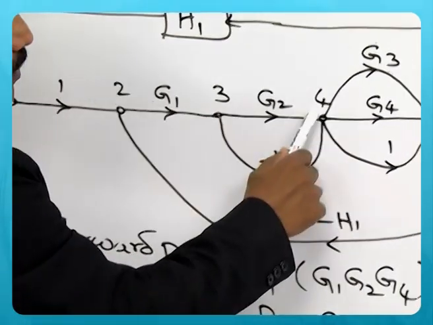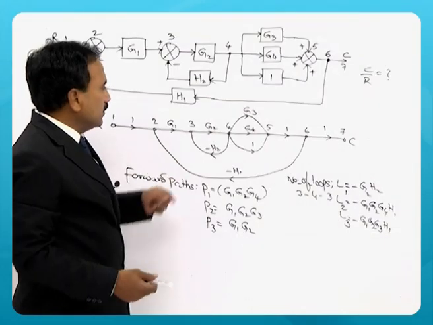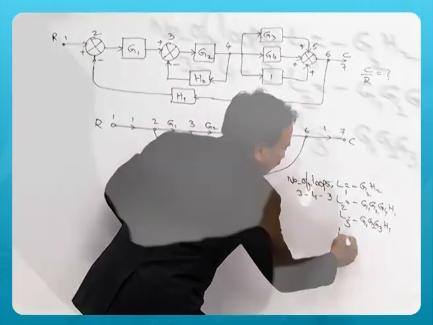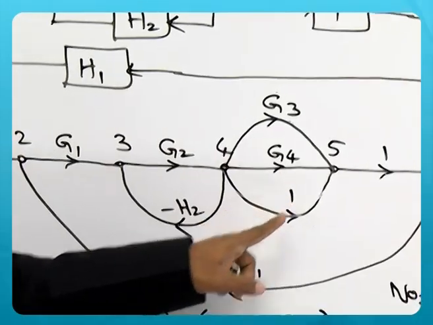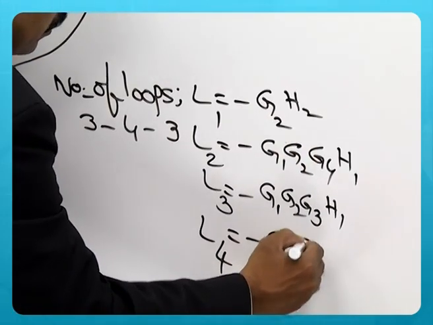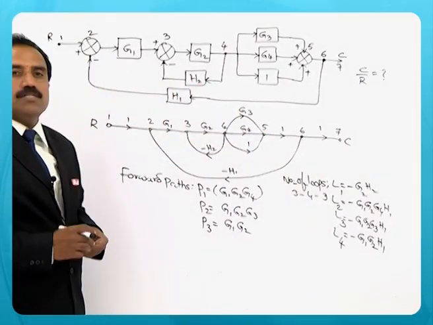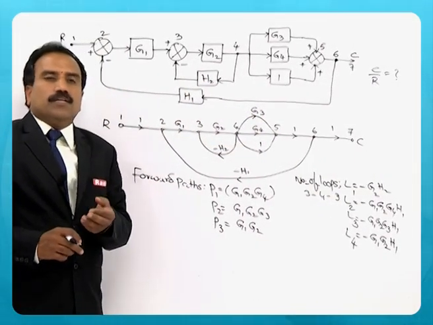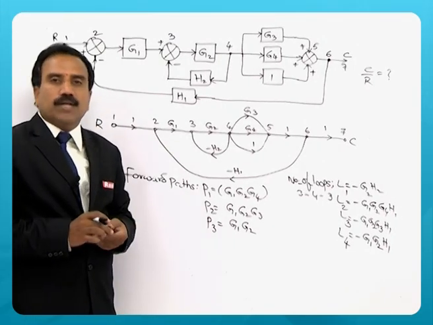So this is also another loop that exists in this particular diagram. That is, L4 is G1, G2, 1, H1, so minus G1, G2, H1. This is the way you should identify the number of loops that exist in the given signal flow graph.